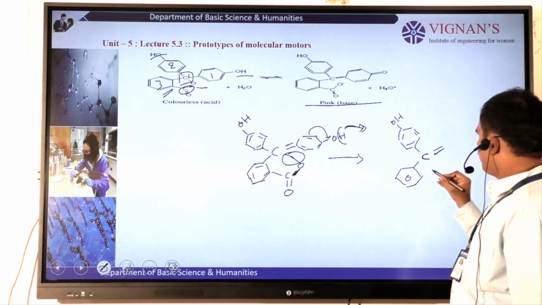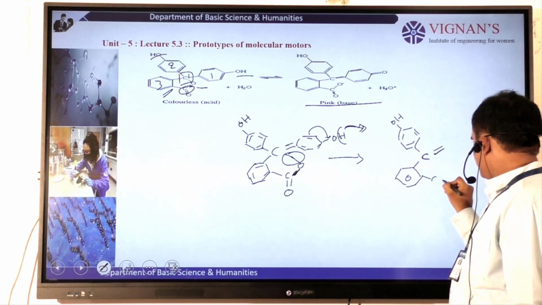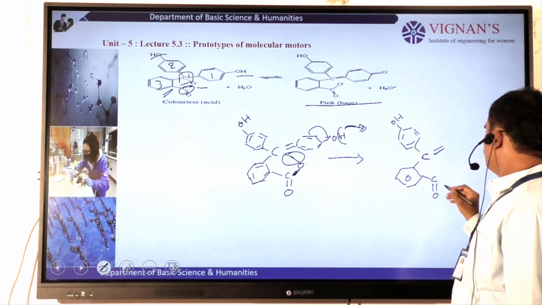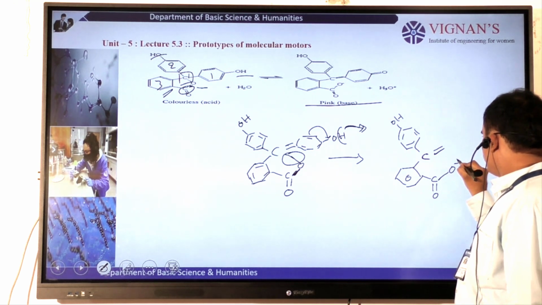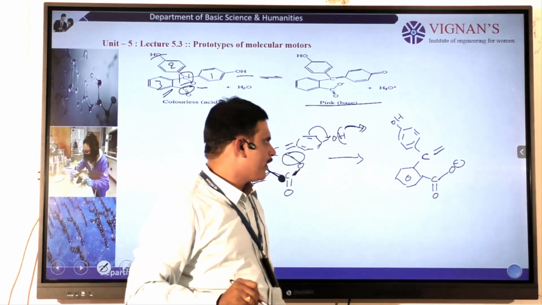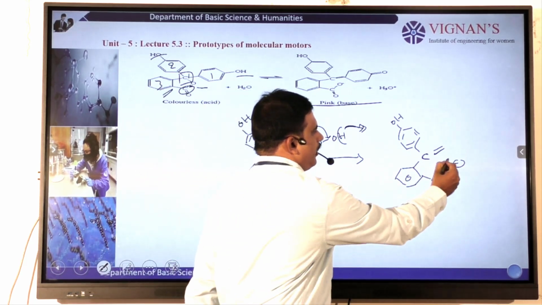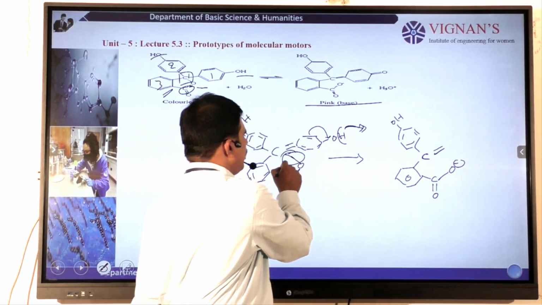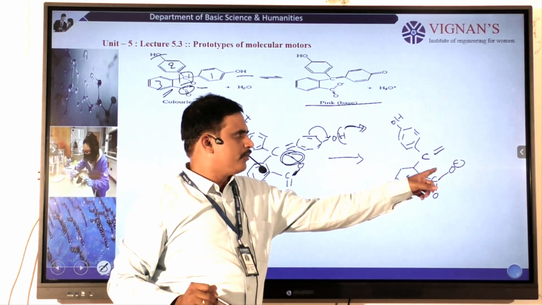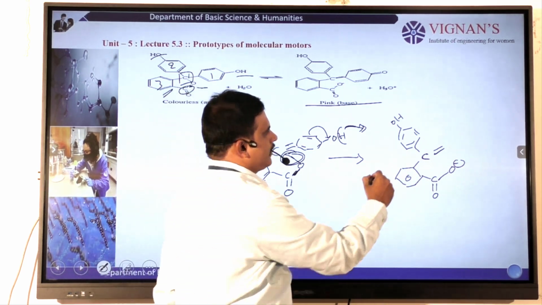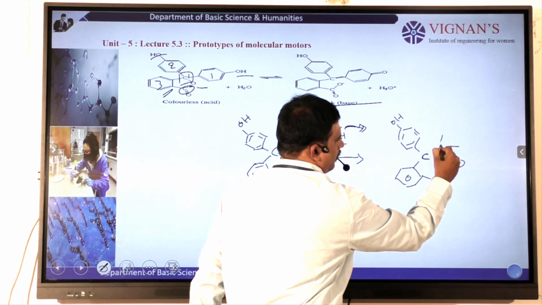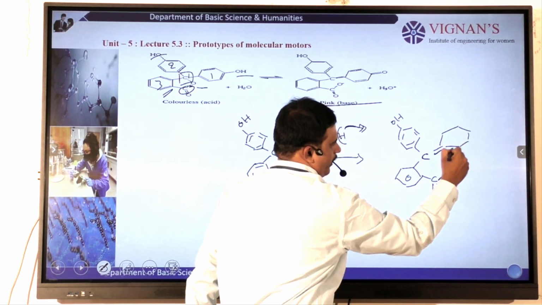And here, what happened? From here C double bond O will be there, but here O minus will appear, because the bond here is broken. So we write O minus, and here C double bond O will come, and again this is connected to a benzene ring.